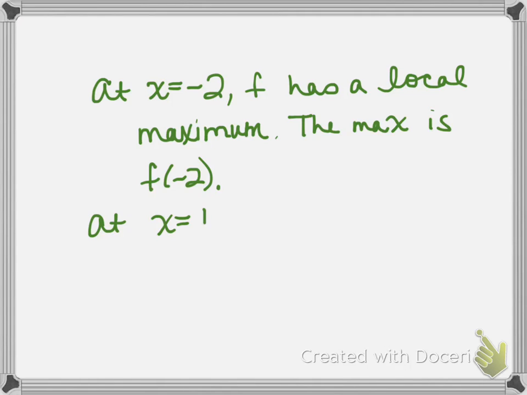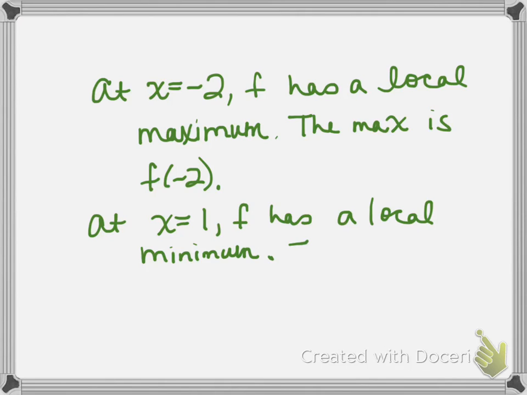If x equals 1, f has a local minimum. The local minimum is f of 1. How would we compute these?